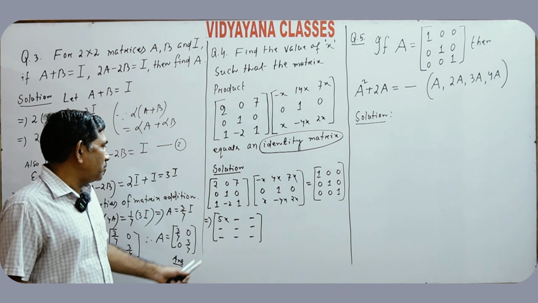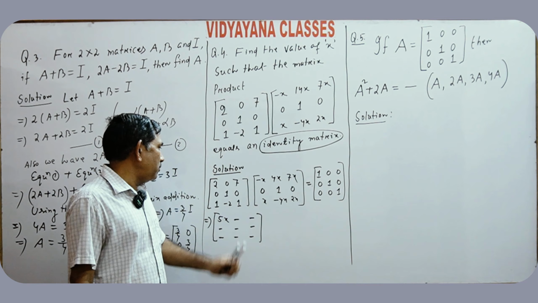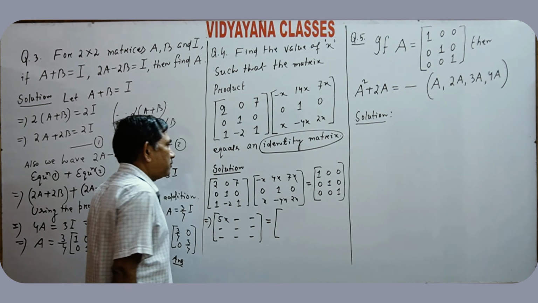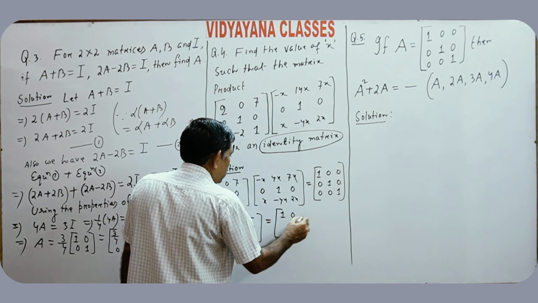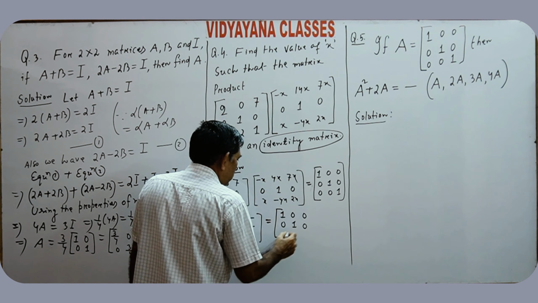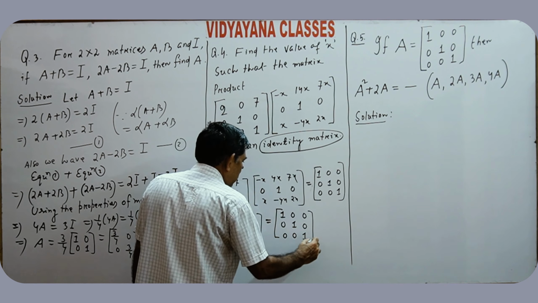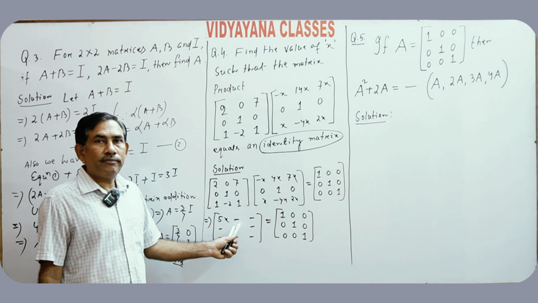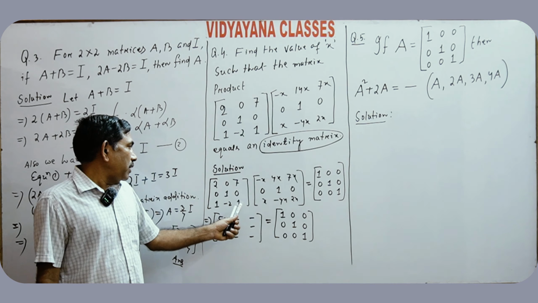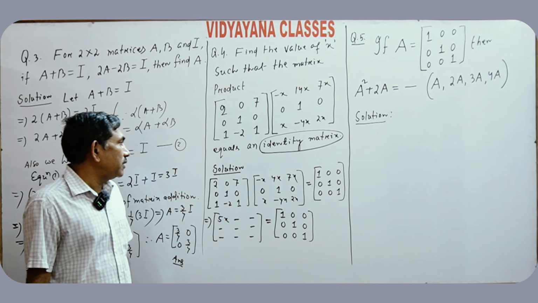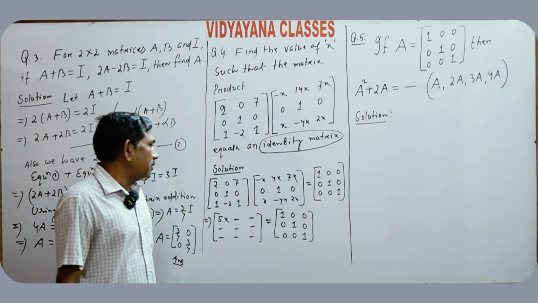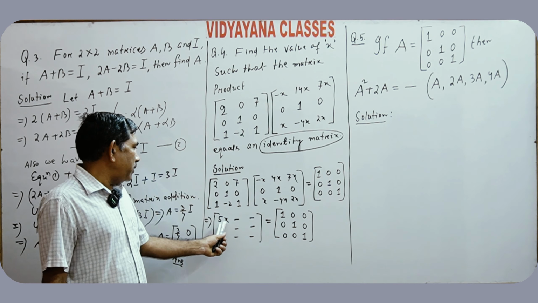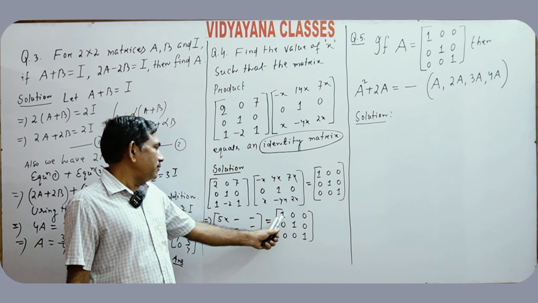It is not necessary to find out all the elements of the product matrix, which should equal 1, 0, 0, 0, 1, 0, 0, 0, 1.